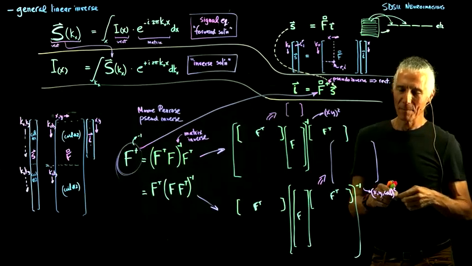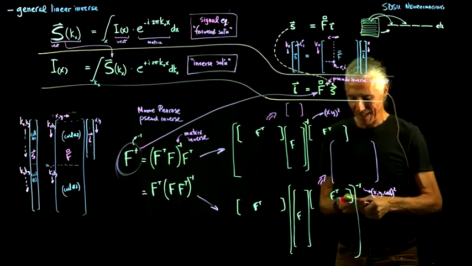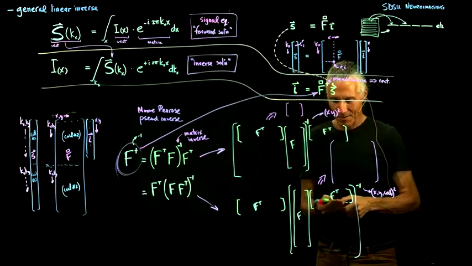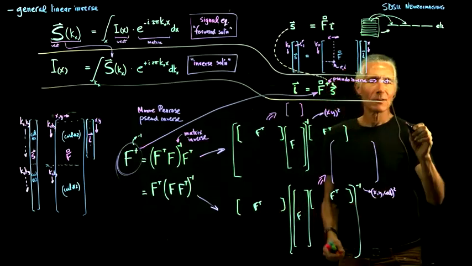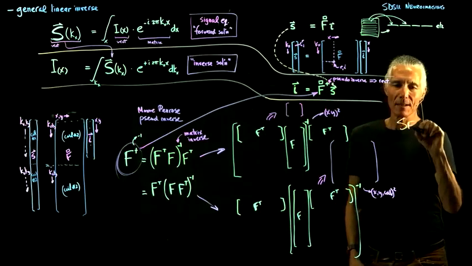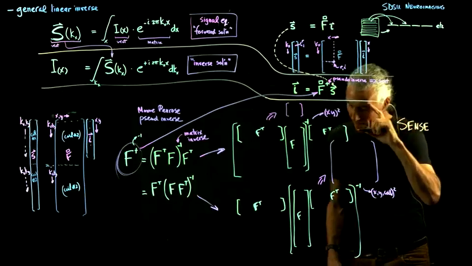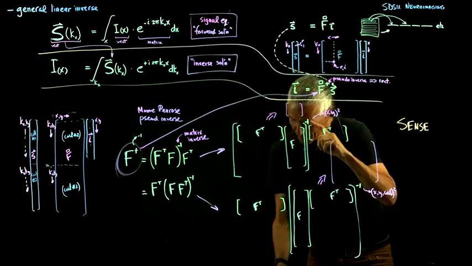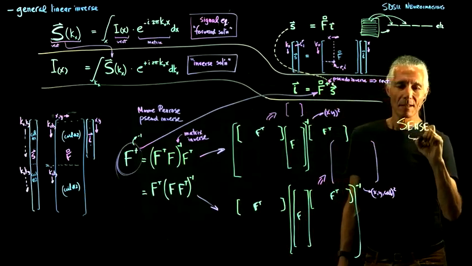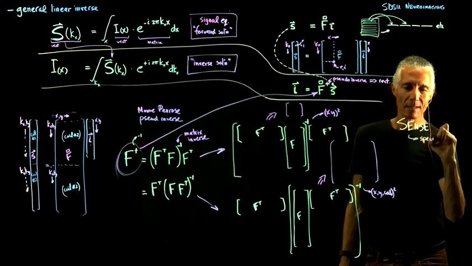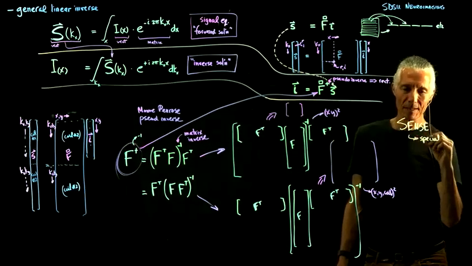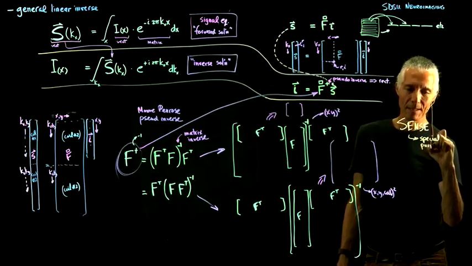And have people done this? Nah, not really. So what have they done? There's a version called SENSE on the scanner, which is not quite this general, but it's a special purpose linear inverse.